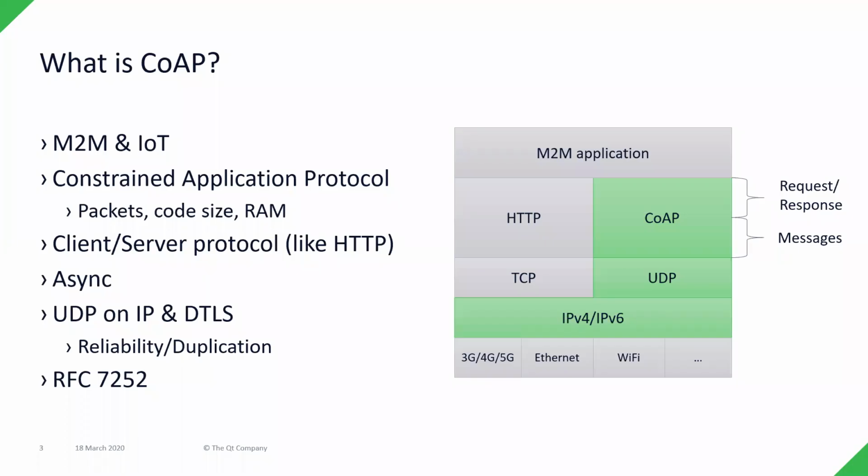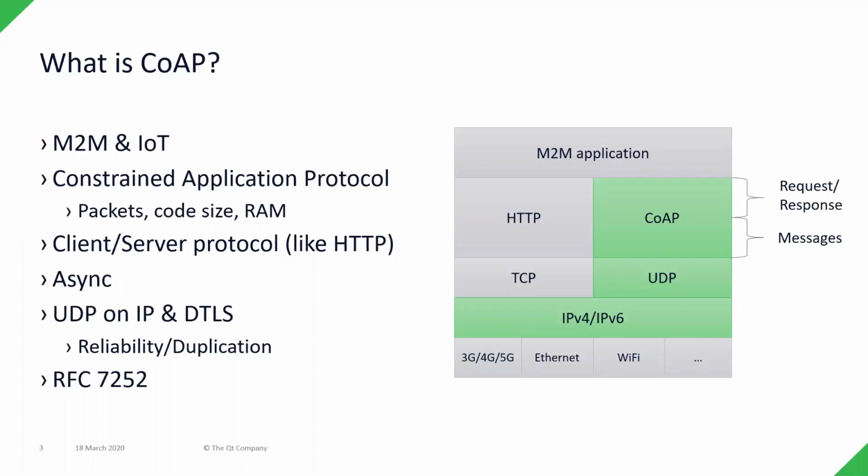So what's CoAP? The Constrained Application Protocol. It's an M2M protocol, most commonly used in the IoT domain, and its focus is very much on minimal overhead and simplicity.